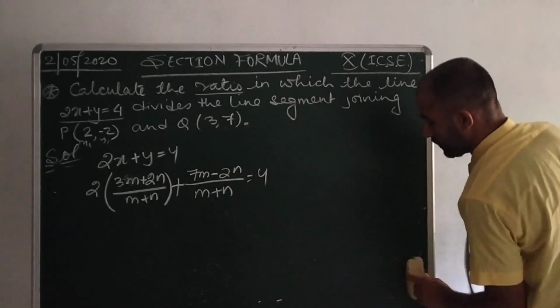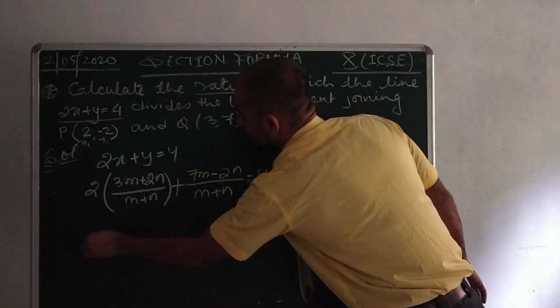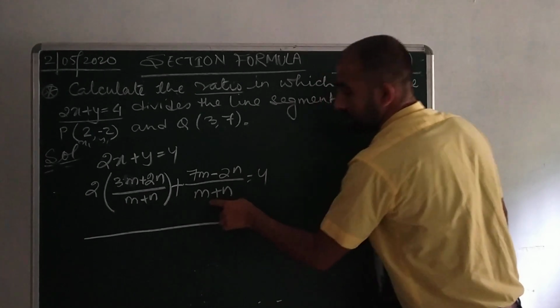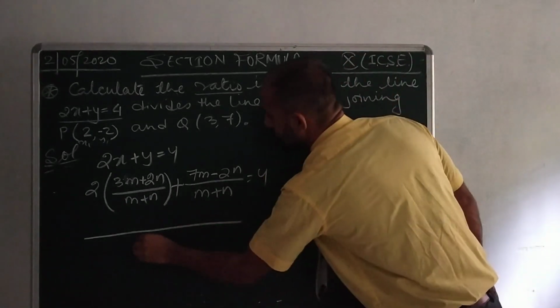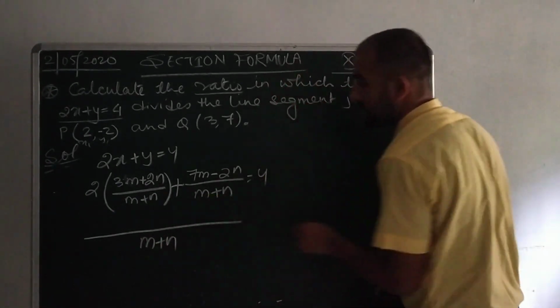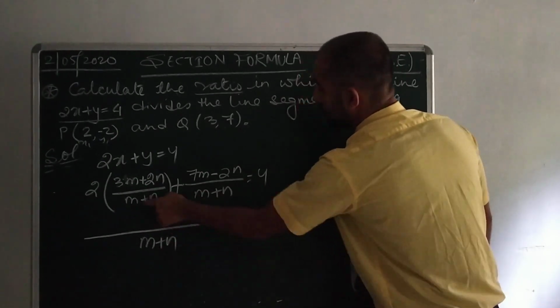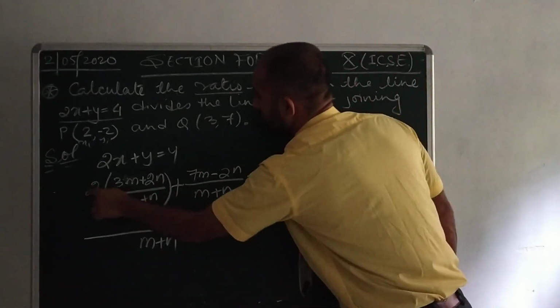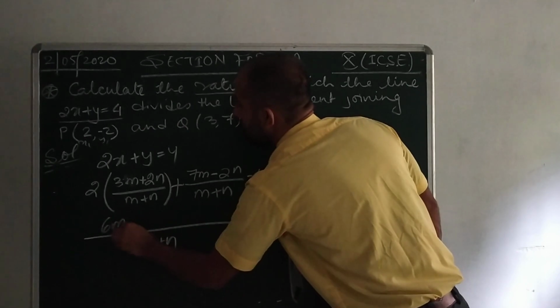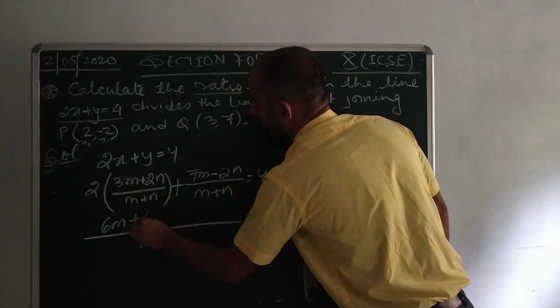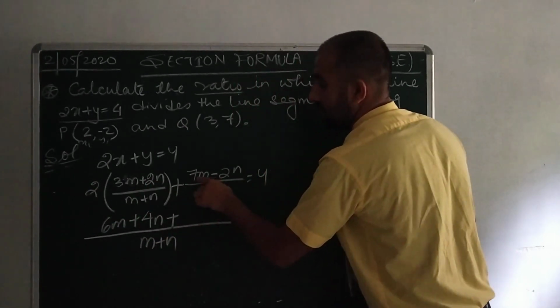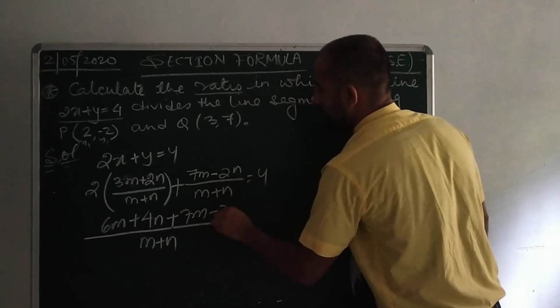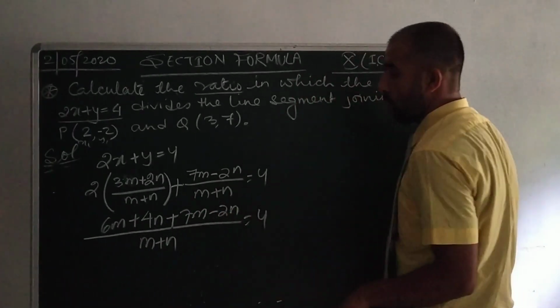Okay, so let us take LCM, because in all the denominators we have m plus n, so m plus n will remain the LCM. So all three are same, no need to change. So 2 3s are 6m plus 2 2s are 4n plus 7m minus 2n equals 4.